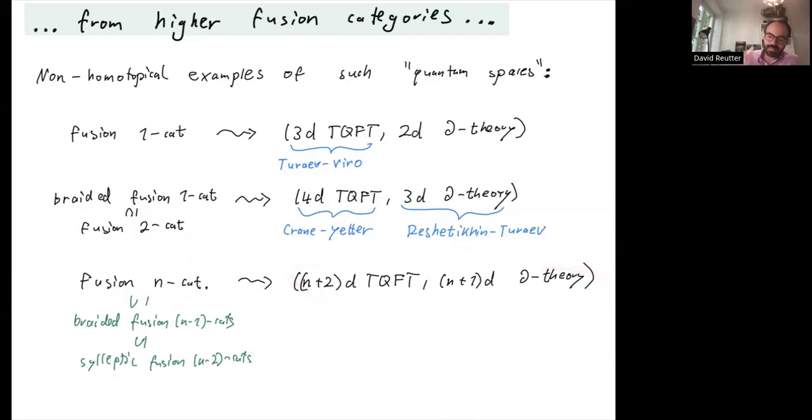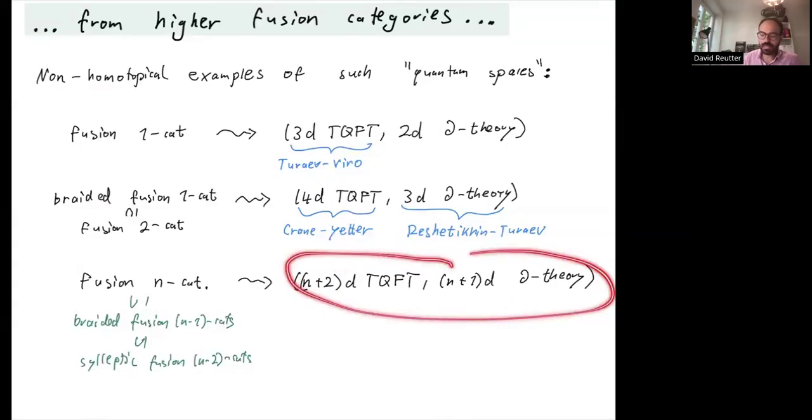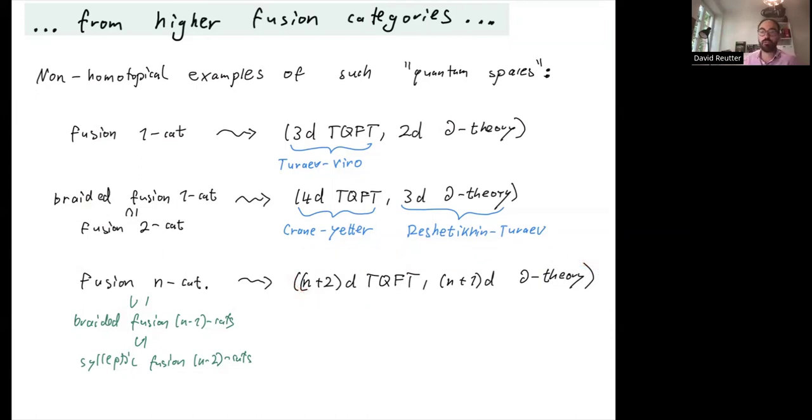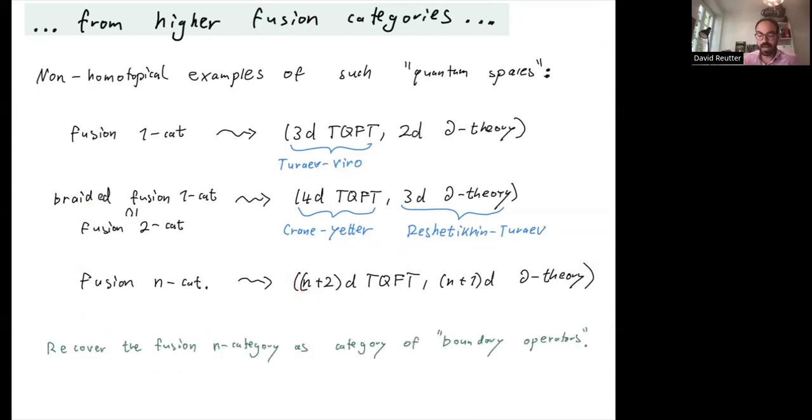And now again, at least at this heuristic level of this talk, if I interpret this correctly in the correct higher category, fully extended and so on, then from this data, you can actually recover the fusion n category up to monoidal equivalence, physically speaking, as the category of boundary operators.